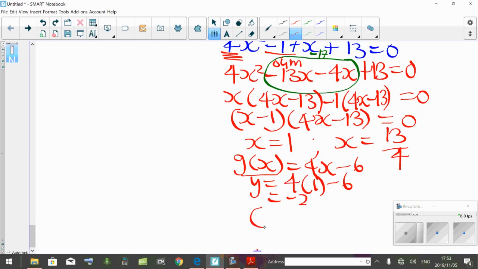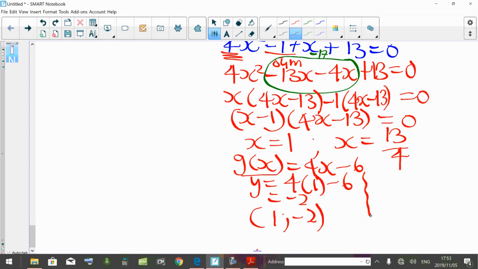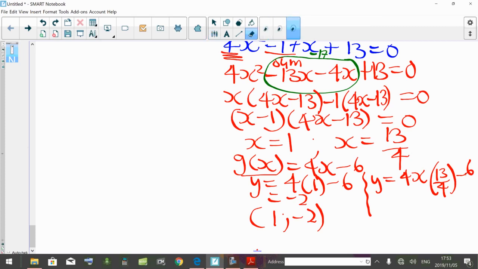And then this gives me the coordinate 1 and negative 2. Now I'm substituting the second x value which I obtained, which is 4 into 13 over 4 minus 6.